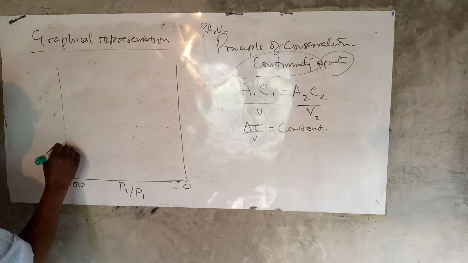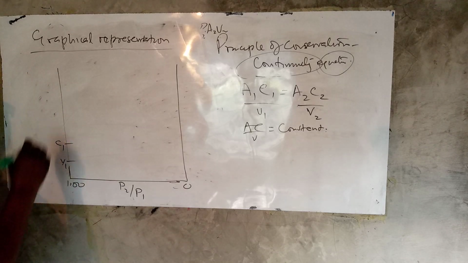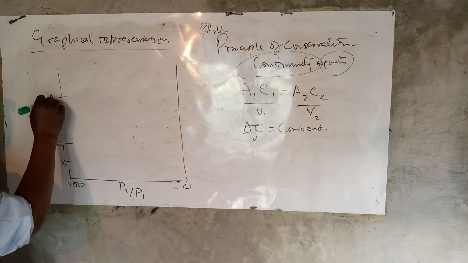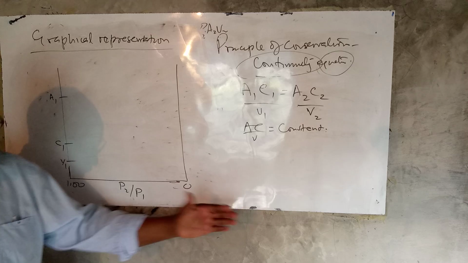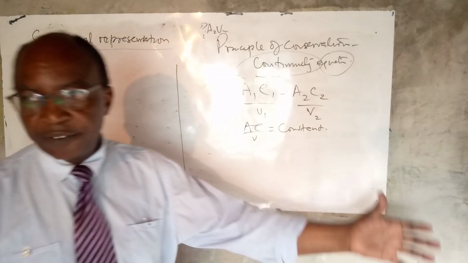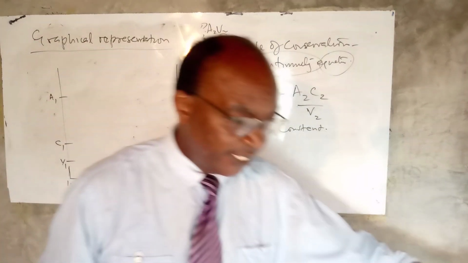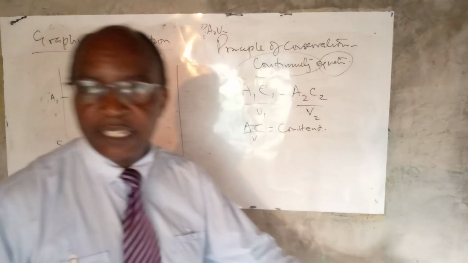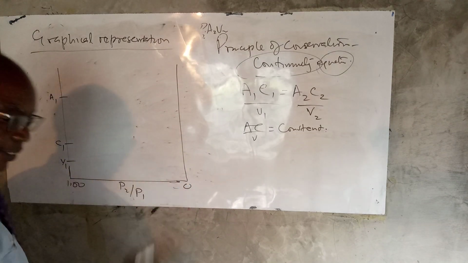And so if we have the specific volume v1, the velocity C1, and the area A1, then as we progress, that is, as the pressure decreases, and remember from Boyle's law, pressure is inversely proportional to volume, so as the pressure is decreasing, we expect the volume to be increasing.